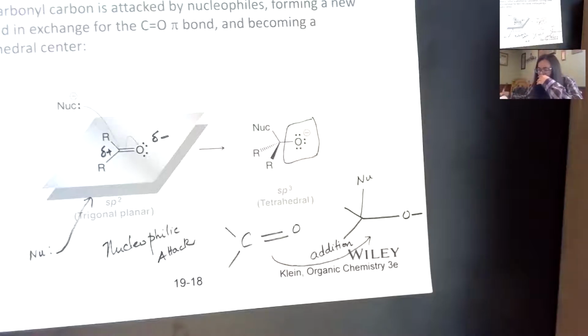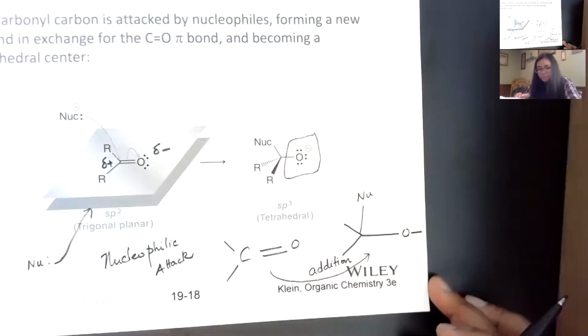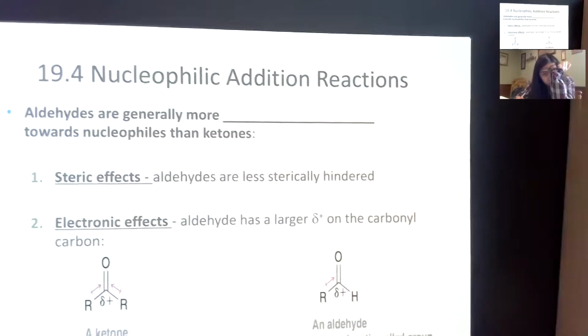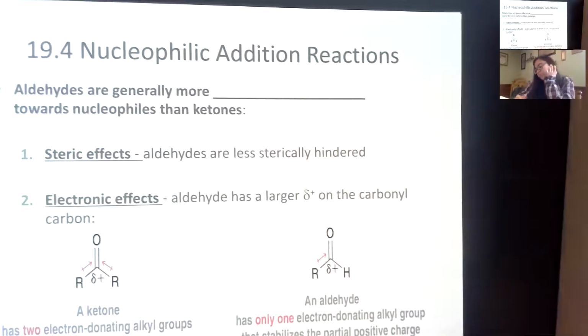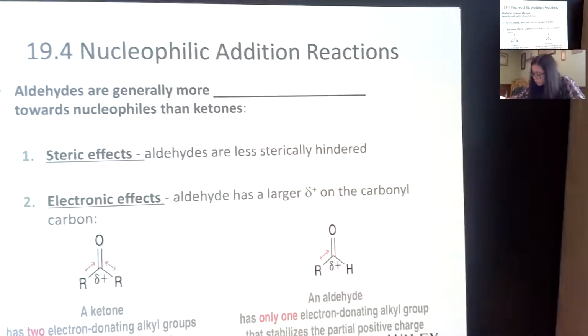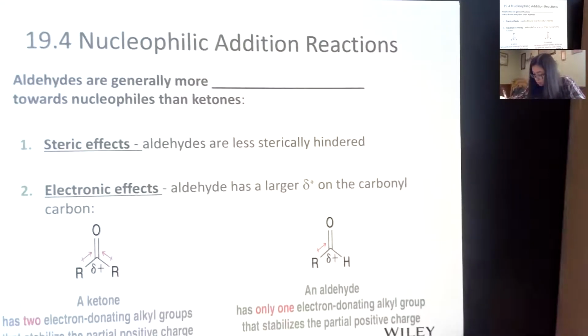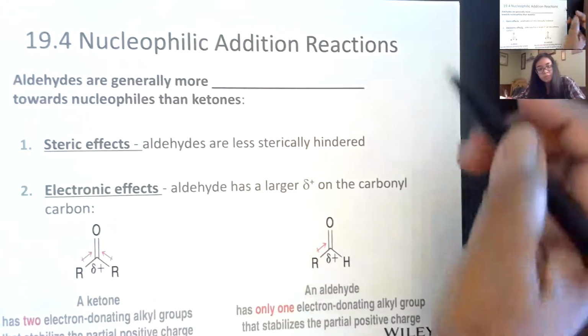Now, next we are going to compare. Of course, these are twins, aldehydes and ketones, not identical. So we have always to say, what does this guy do differently from the other guy? Now, we'll see why by the time we get to the end of the slide.